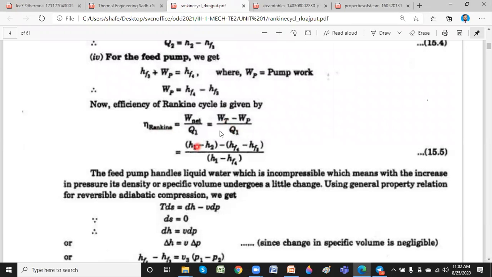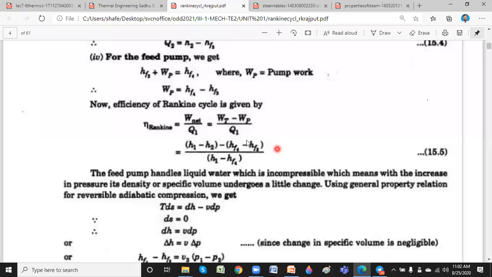So H1 minus H2, that's the turbine work. H4 minus H3 is the pump work. Obviously 1 to 4 is the heat supplied. So this is the basic Rankine cycle. And most of the times, because the turbine work is very high compared to the pump work, the pump work will be neglected, it will be given in the problem.